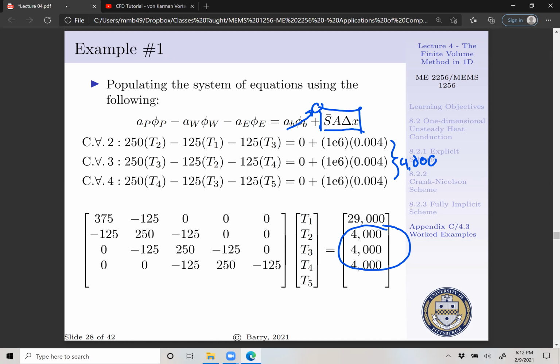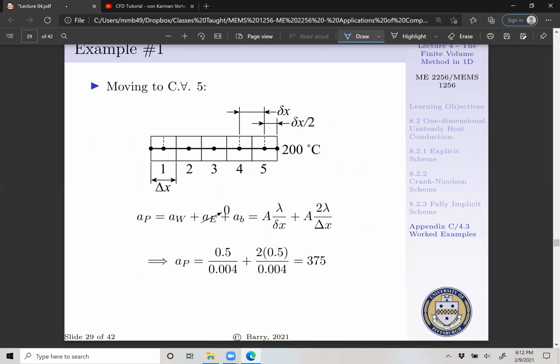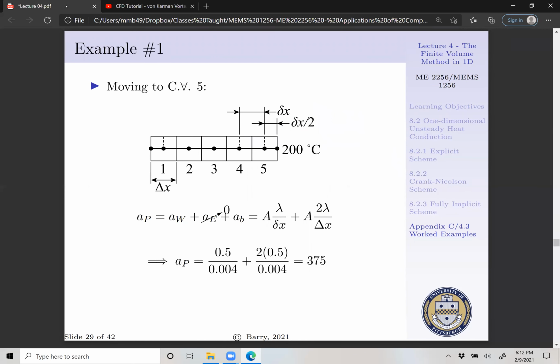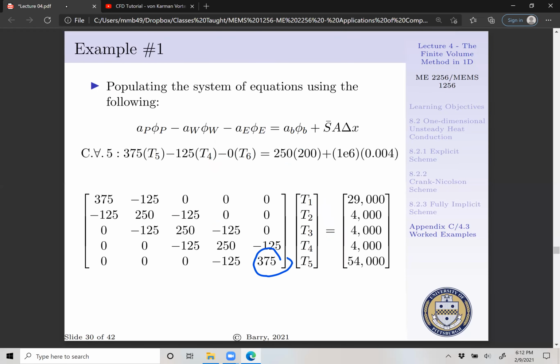I don't get it. Okay, last but not least, when we move to our fifth CV, we have west, we have P, we don't have east. A east goes to 0, AB exists, AB was defined as 2 times a standard A east or A west. So AP, once again, is 375. A west is minus 125. But now we have to consider our boundary.